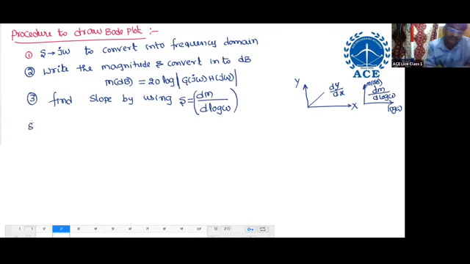Next, the fourth step. What is the fourth step?